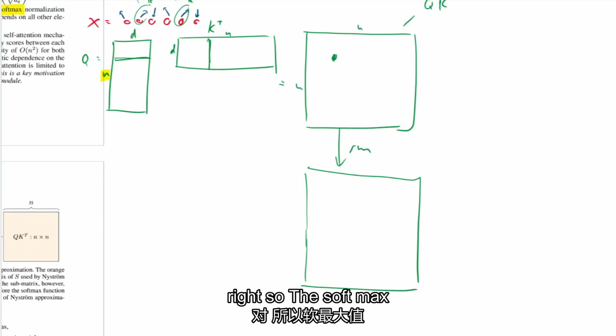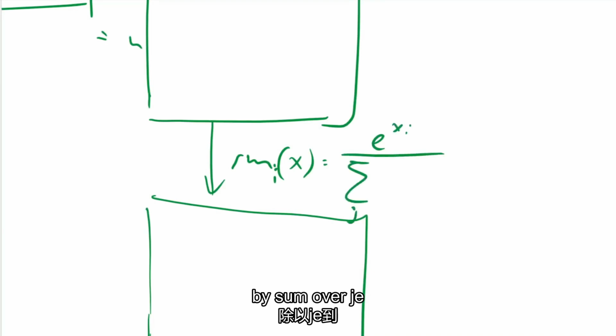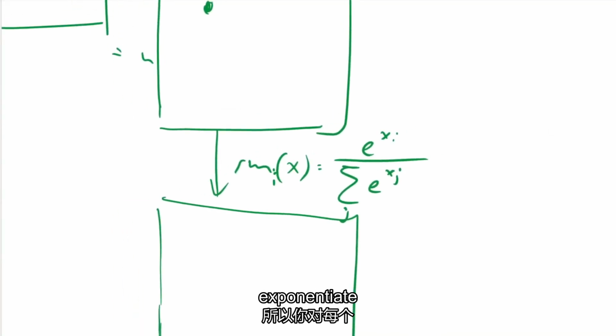So the softmax of x at position i is something like e to the x_i divided by the sum over j of e to the x_j. So you exponentiate every element and then you normalize by the whole row.